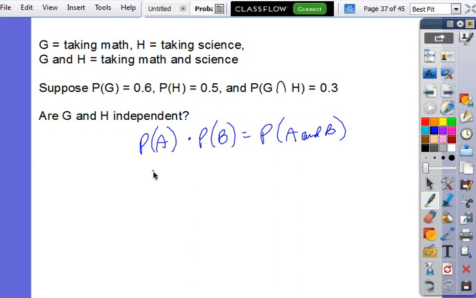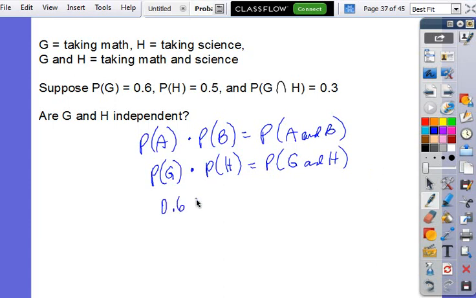Well, let me do this. So instead of the A, we're going to have G and then H. So I'm just replacing the A and B with G and H, but we're doing this exact same thing. So probability of G is 0.6 times the H, which is 0.5, and I'm going to see if that equals the 0.3.